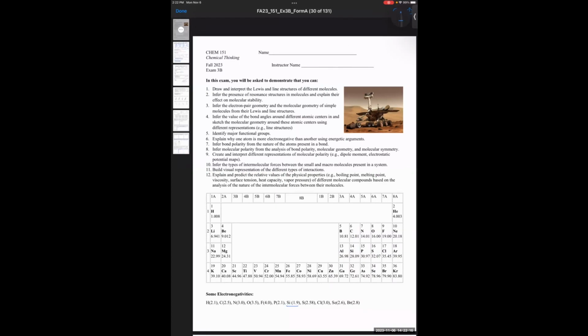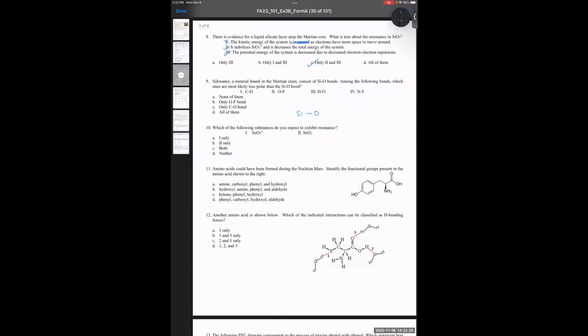If you look at SiO bond, the silicon electronegativity is 1.9, oxygen is 3.5. Carbon is 2.5, oxygen is 3.5, fluorine is 4.0, hydrogen is 2.1, oxygen is 3.5, and nitrogen is 3.0, and fluorine is 4.0.